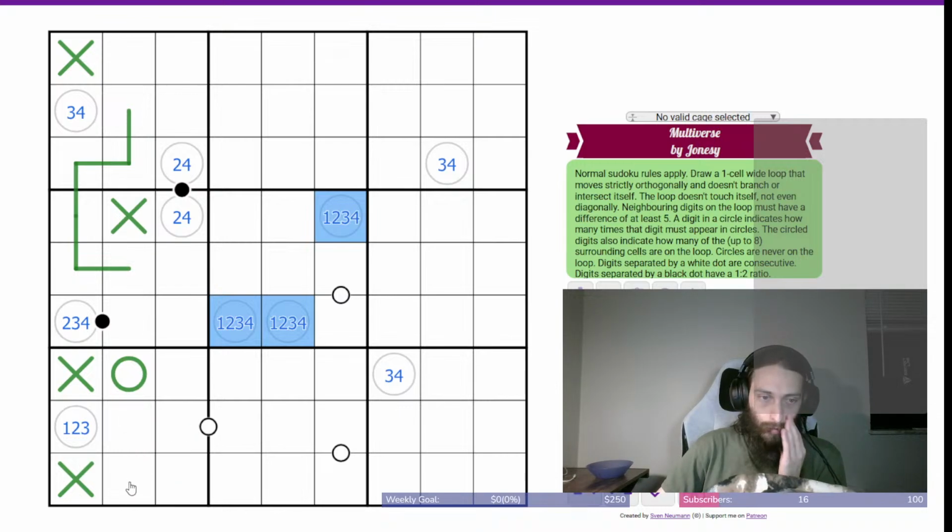Because if it goes through the bottom one, then it has to go up. And if it goes through the middle one, it would have to go down. So it would have to take both of those, but then it would have to leave that way, and that would be broken. So we know this one is part of the path.